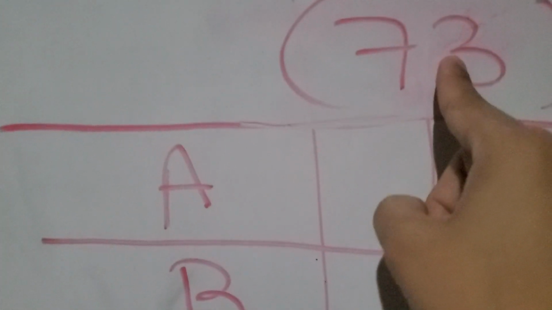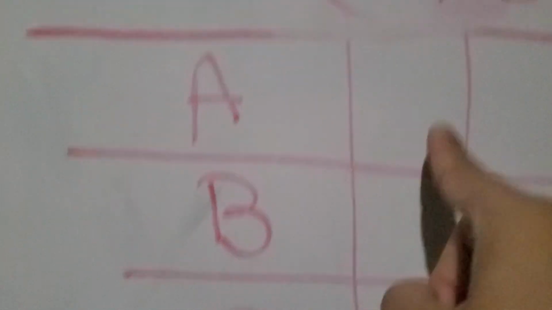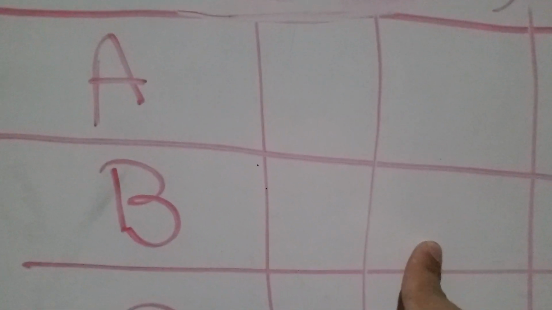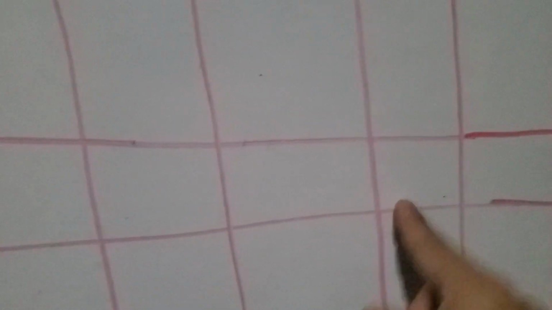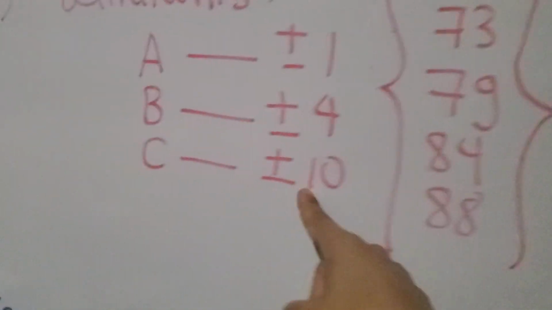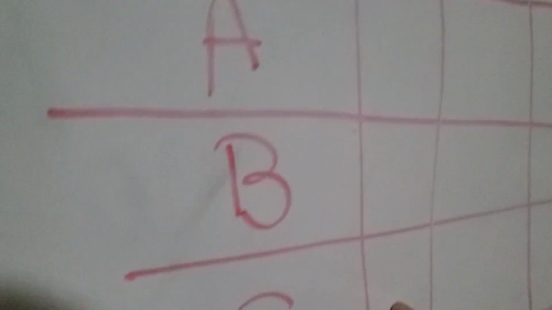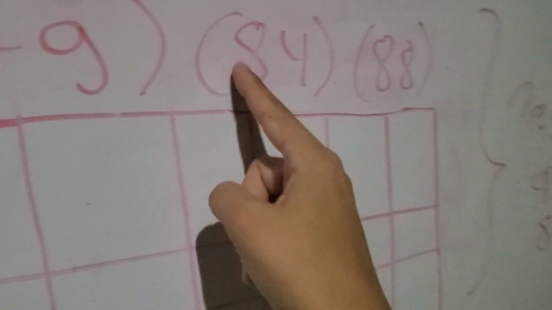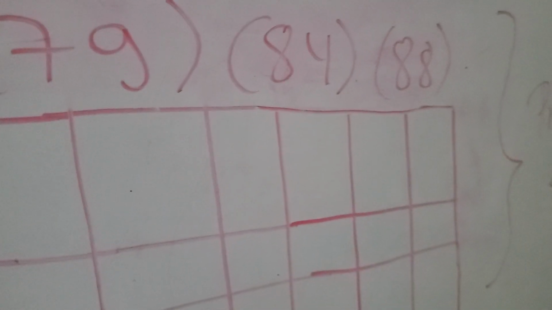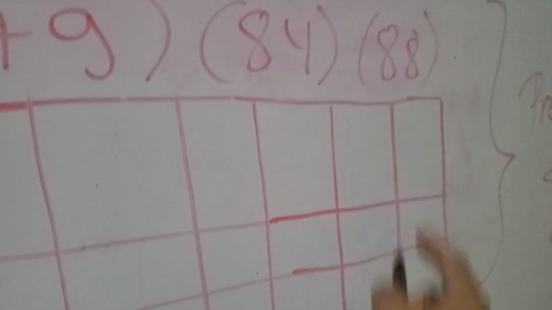This means 73 minus 4, 73 plus 4, 79 minus 4, plus 4, and so on. And the same goes with the number 10: minus 10, plus 10, for each number.